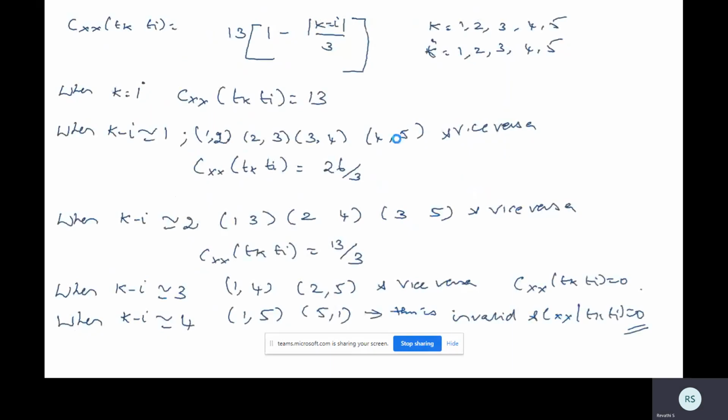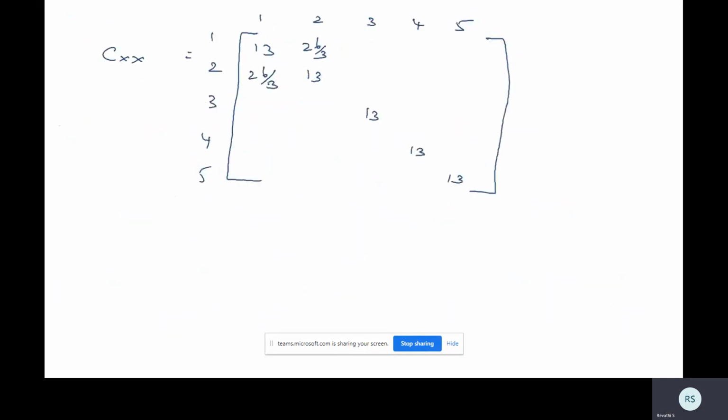Next, K minus I, difference is 1, 26 by 3. So which are the points? 26 by 3 here, 26 by 3 here. Then 2, 3 here, 26 by 3, 26 by 3. 3, 4, 26 by 3, 26 by 3, 4, 5, 26 by 3.